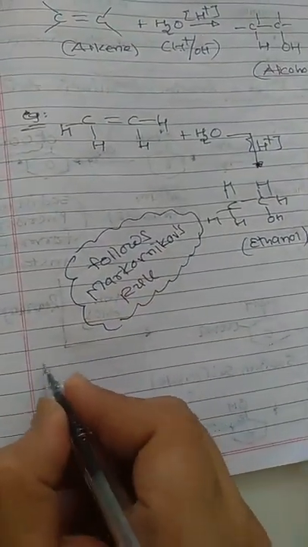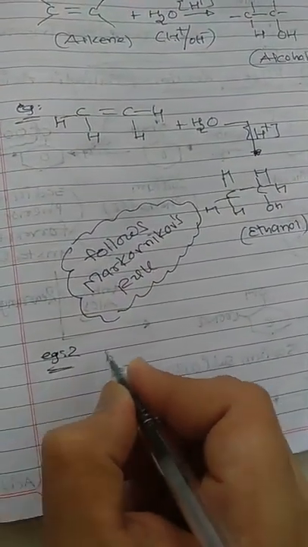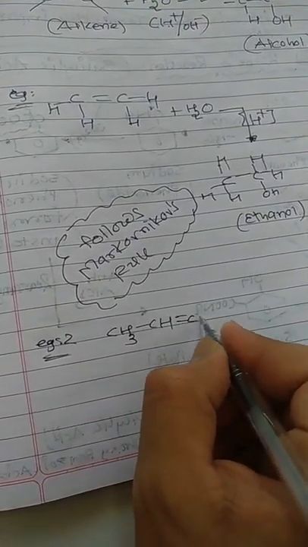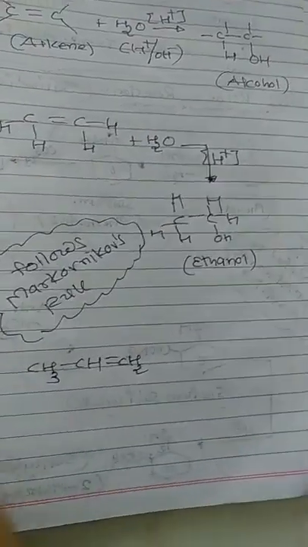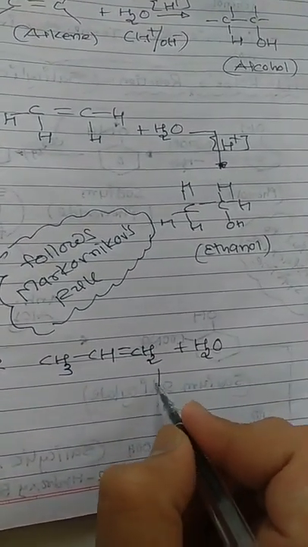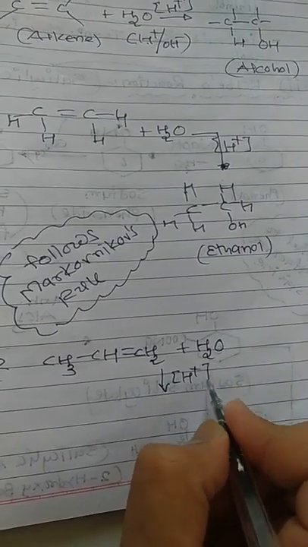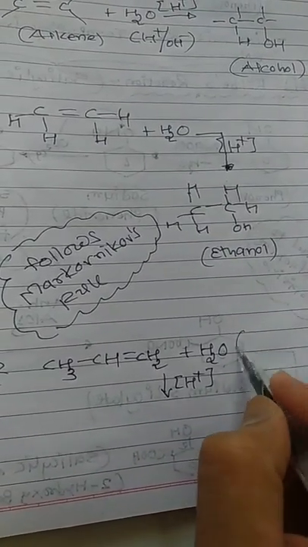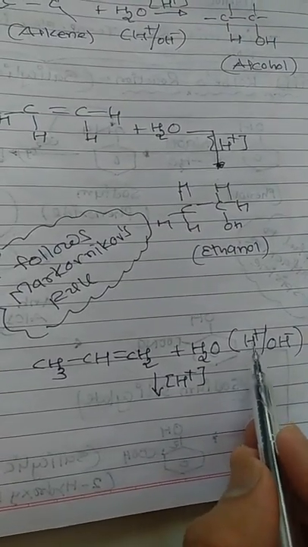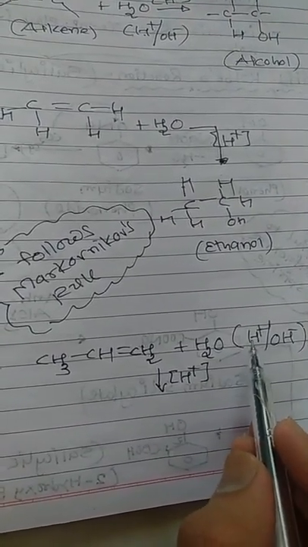Suppose we have example number 2, CH3CH double bond CH2, when it reacts with water in presence of acid as a catalyst. In water we have two ions, H plus and OH minus. So you may ask where the H plus ion should be attached.